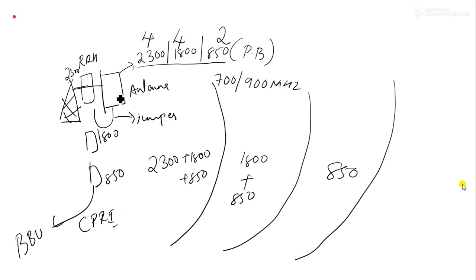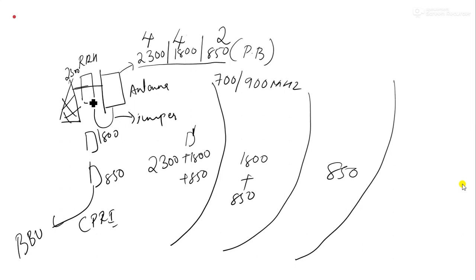But to answer the doubt we want to address here: yes, one RRH can radiate all three bands at the same time, where all three bands are available. Which band will the UE use, which band will we use first? Typically, if you switch on your mobile here, there can be three bands.